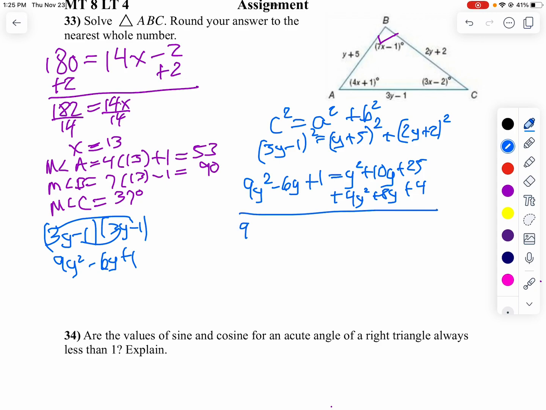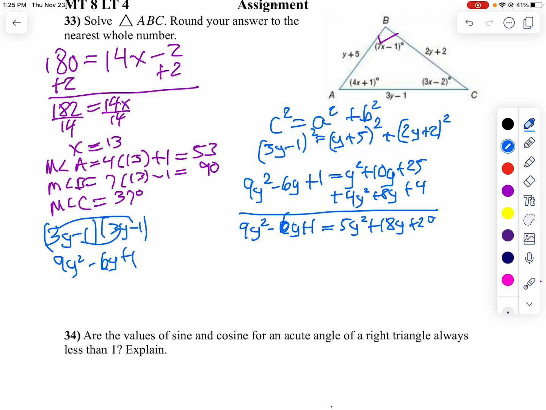So I get 9y squared minus 6y plus 1 equals 5y squared plus 18y plus 29.